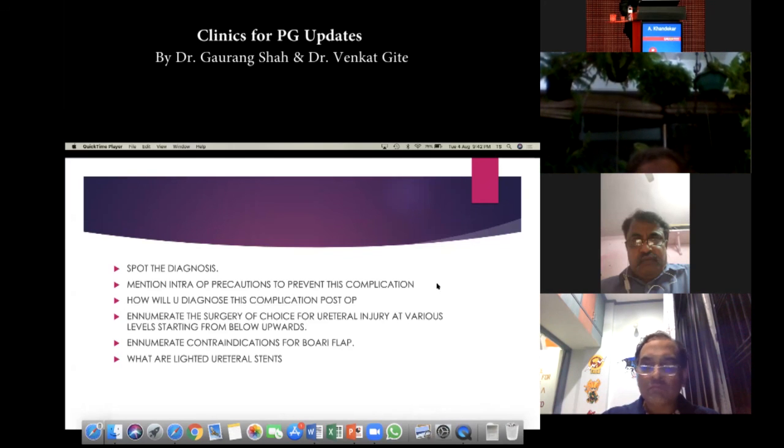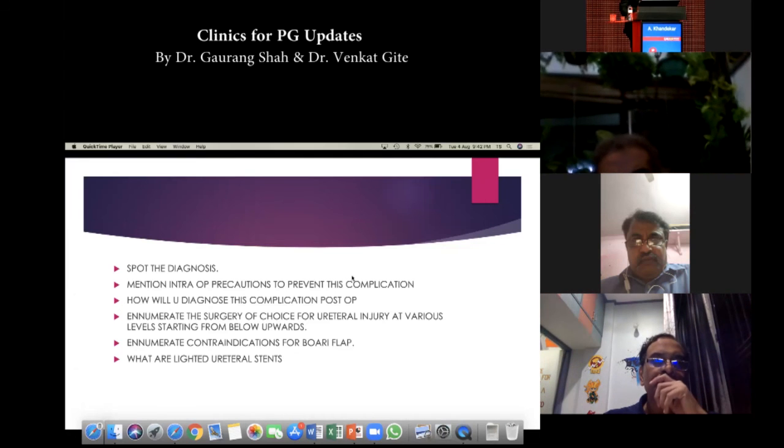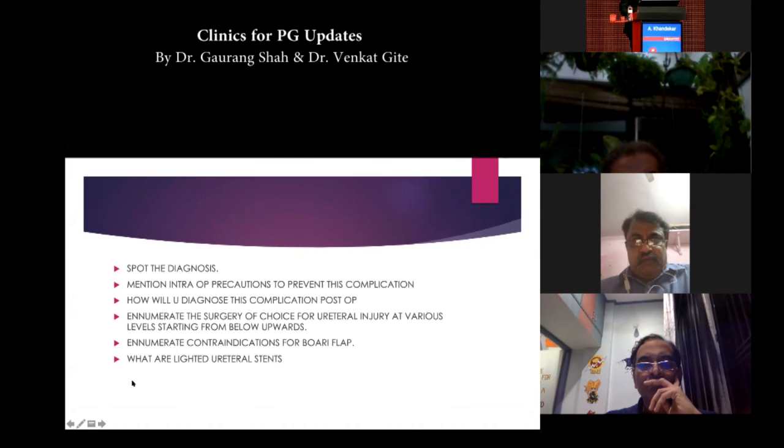So when the CT scan is done earlier and it shows that the ureter is involved from outside, and you are worried about injury to the ureter and you want to save it, that is the time you will put it. Yes, sir. And mainly it is in laparoscopic surgery, because in open surgery you can palpate it also, even if you are not putting the ureteric stent.